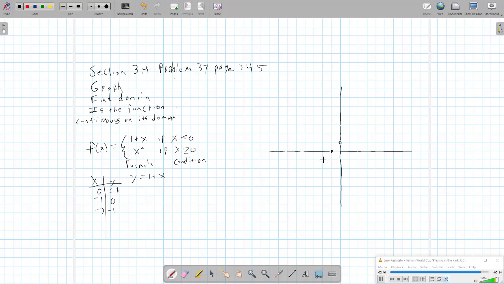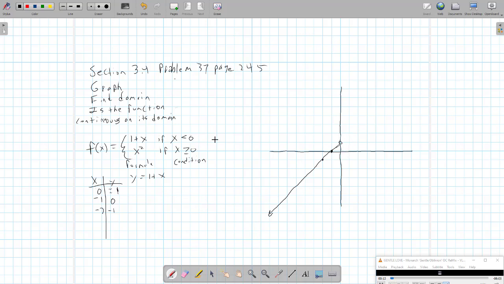And at negative 2, it's negative 1. That's good enough. So there we go. That's the left piece of this graph. Now there's two pieces of it, so we need to make sure to include both.